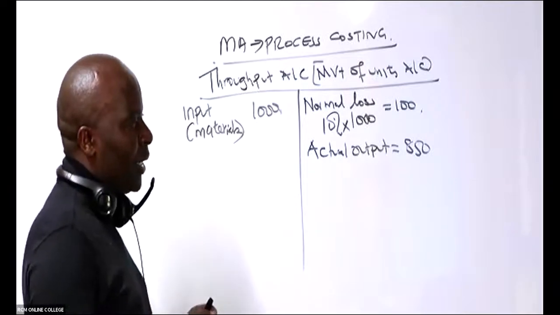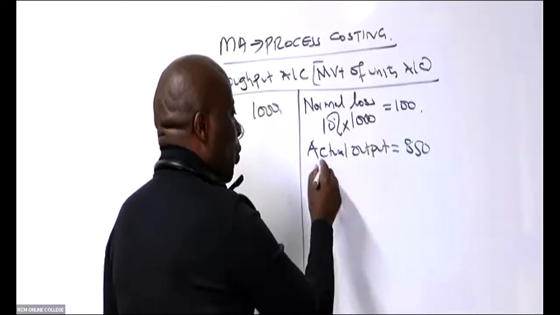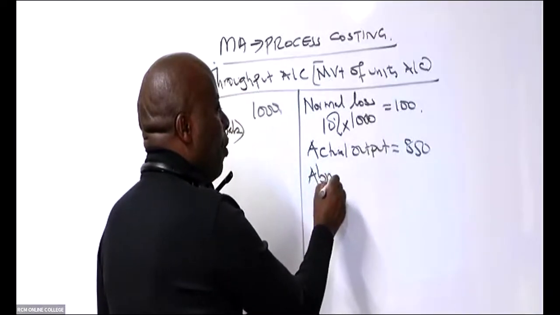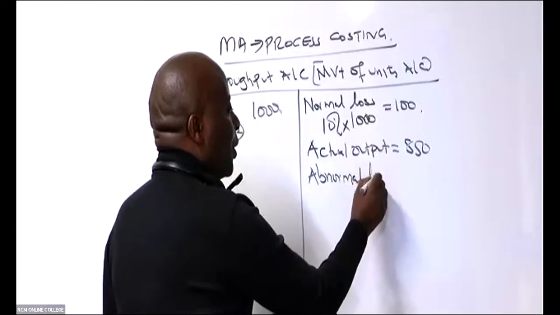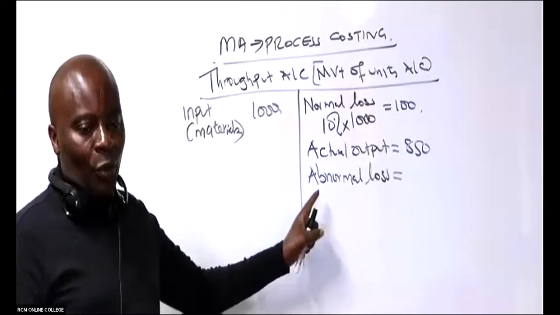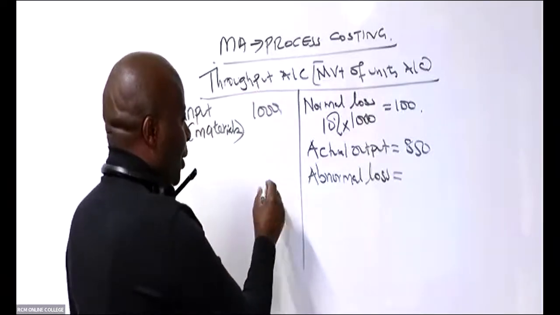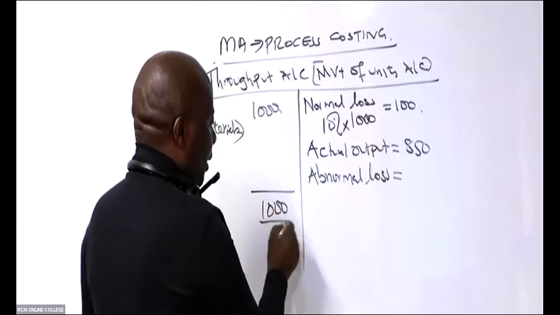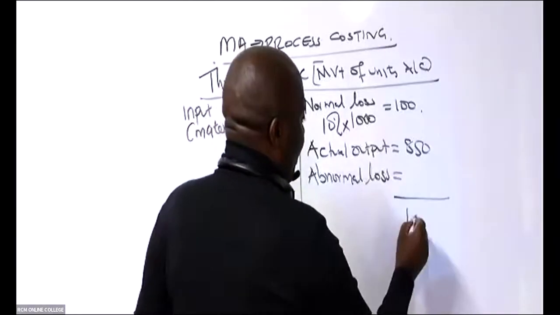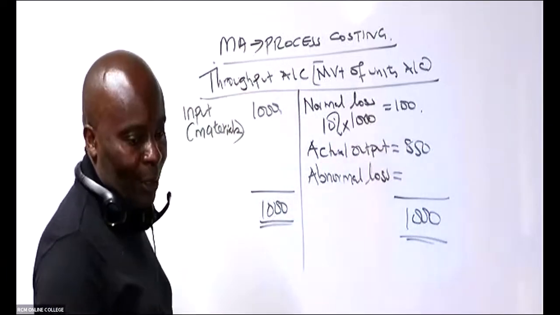If the balancing figure goes to the credit side, we call it an abnormal loss. I'll go to the credit because I can see this is 1,000. So 1,000 minus this will end up giving me how much?